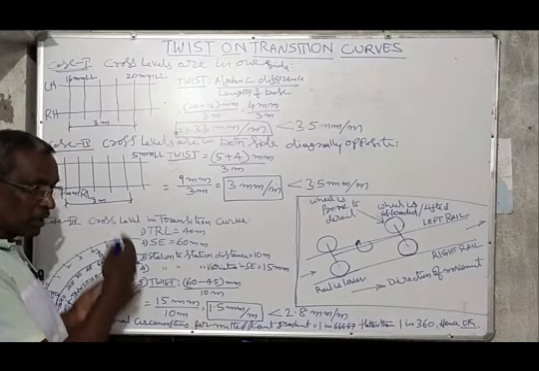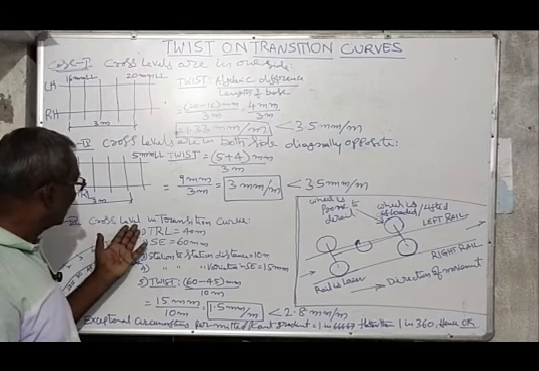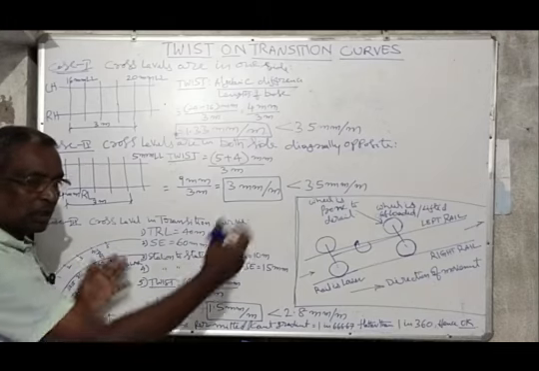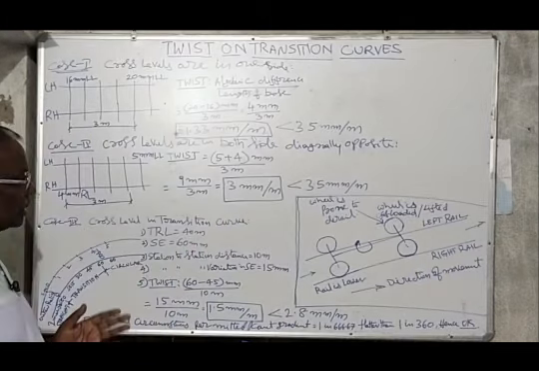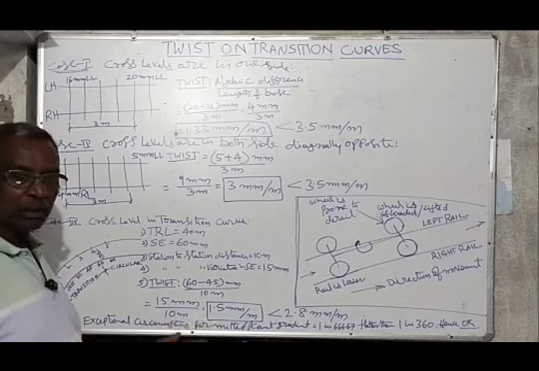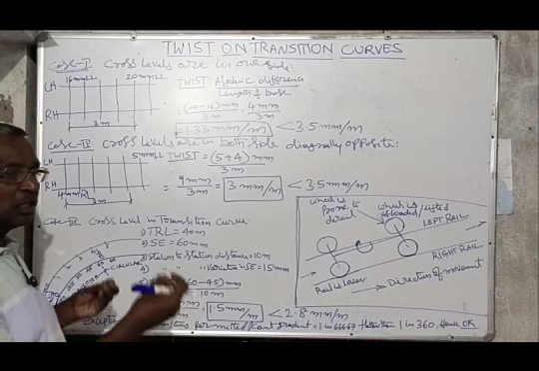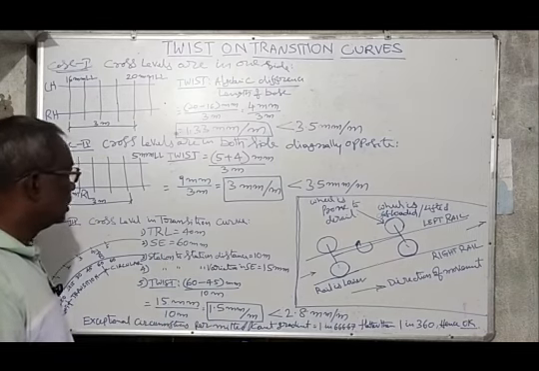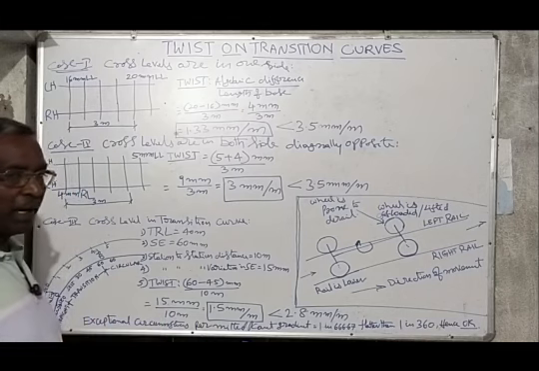What about transition curve? That is case 3. Cross level in transition curve between straight and circular portion. In between, the transition curve is there. Gradually increase the radius as well as superelevation. We are introducing the twist on the transition portion. The change of superelevation induces the twist in the track.